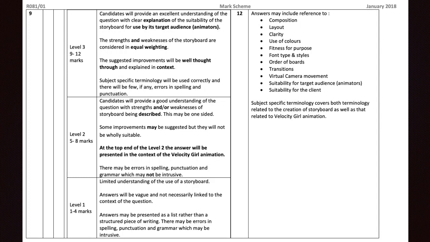When you are asked to review, these are things that would always appear on all the mark schemes: composition, how the image has been created, the colours, the effects that have been used, the layout, the clarity, how clear is the text and how easy is it to read, use of colours, fitness for purpose, does it do what it's supposed to do, the font type and styles, are they suitable and can they be read, order of boards, transitions, if it's going from one scene to the next, virtual camera movement, suitability for a target audience, and suitability for the client.